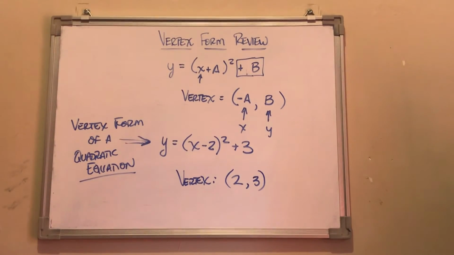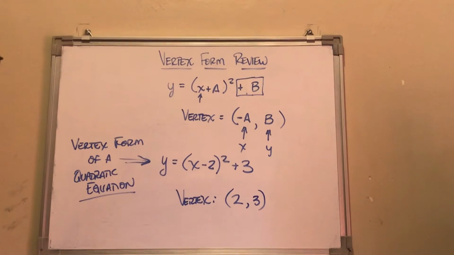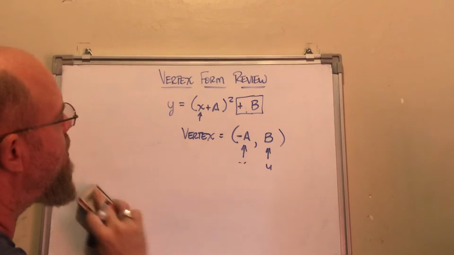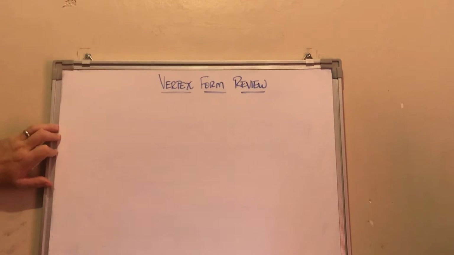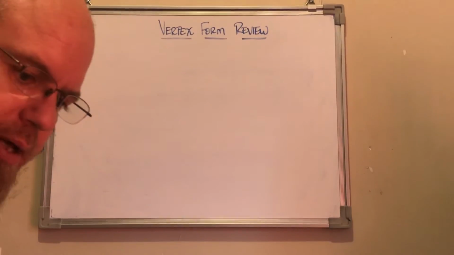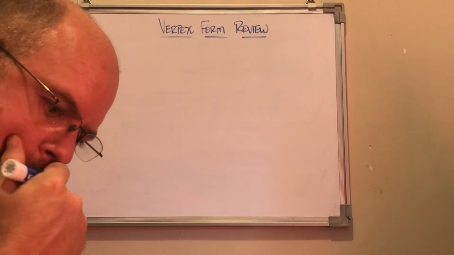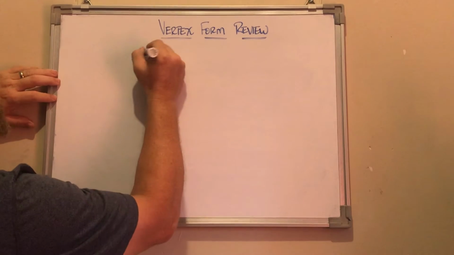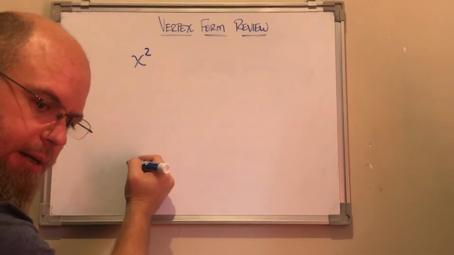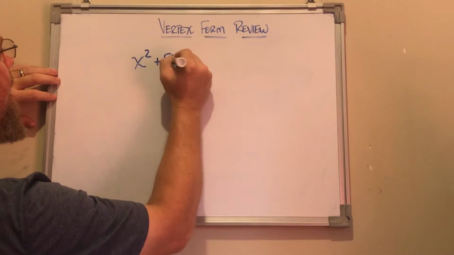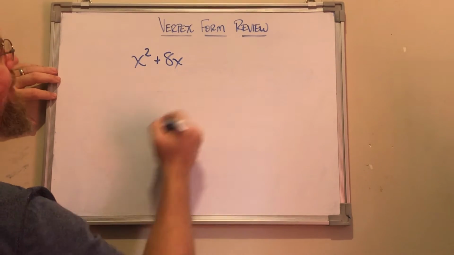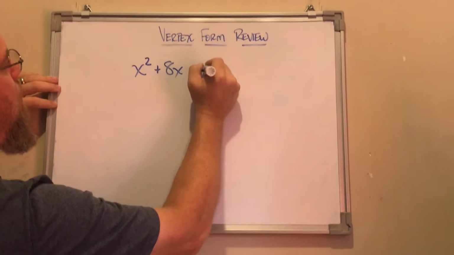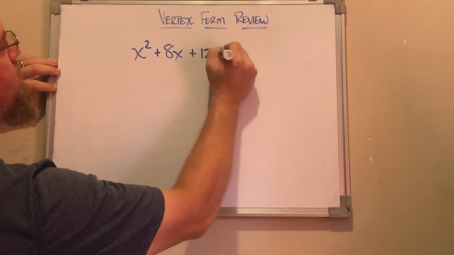So that's why we use the vertex form, because it's easy for us to find the vertex when it's in this form. What I also want to review is how we get to this vertex form from a standard quadratic equation. Let me just take one here: x squared plus 8x plus, let's just say, 12 equals y.